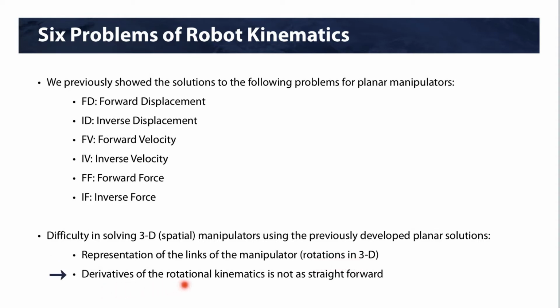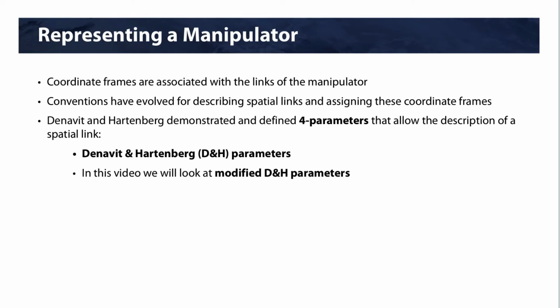As well, the derivatives of the rotational kinematics are not as straightforward for the 3D case. So we need a way to represent our 3D manipulators, and we do this by assigning frames to each link of the robot. So we assign coordinate frames that are associated with each link.